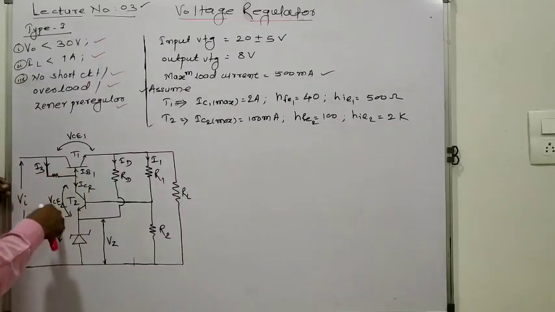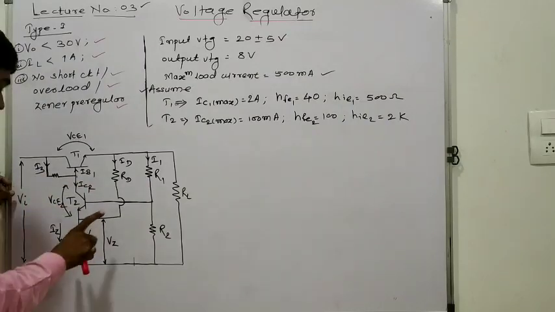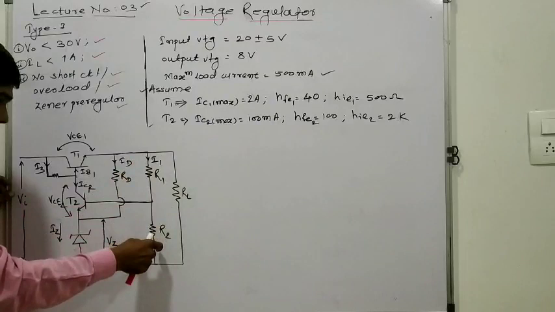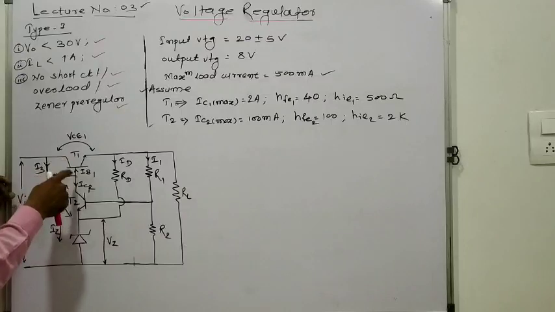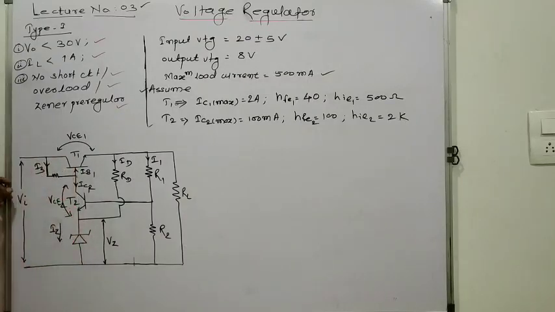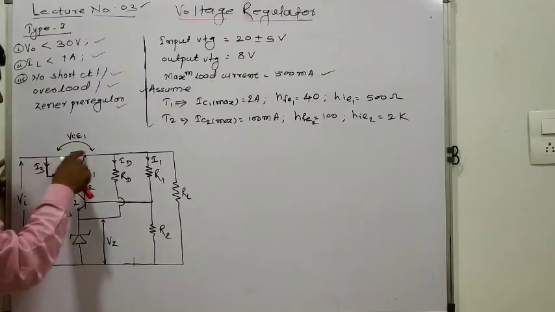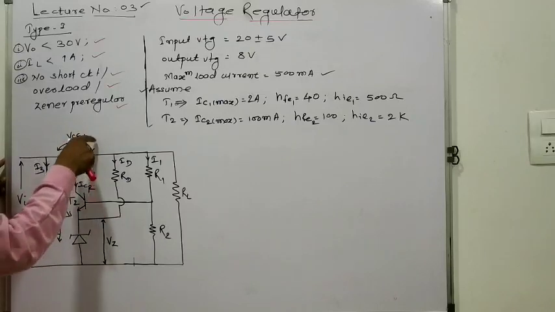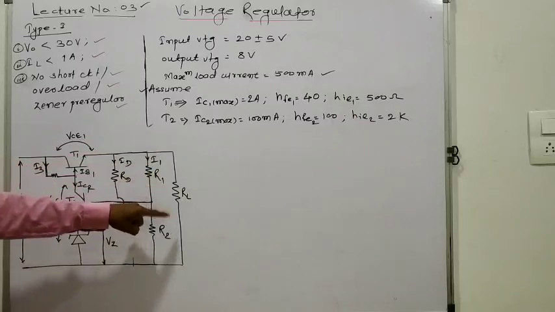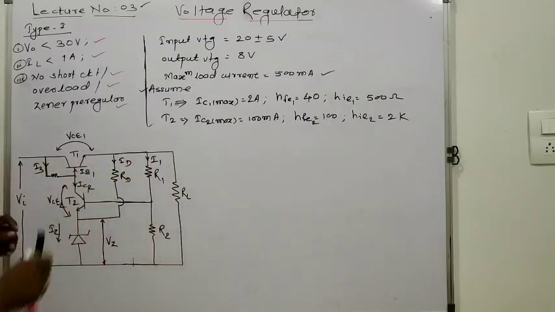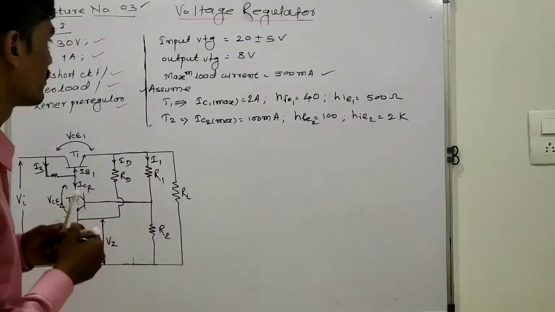The middle part is the error detector circuit, which takes the feedback from the sampler circuit as well as the reference voltage from the Zener, and provides the error signal to the controlling unit, that is transistor T1. This controlling transistor is connected in series with the load. That's why this is called a voltage series pass regulator. So we go for the solution of this first problem.